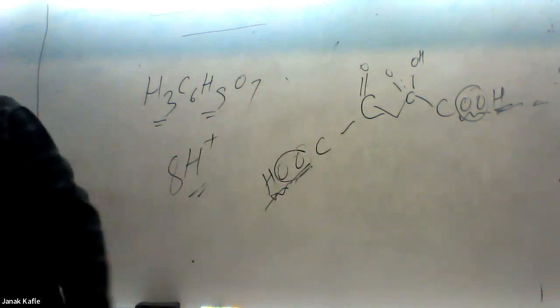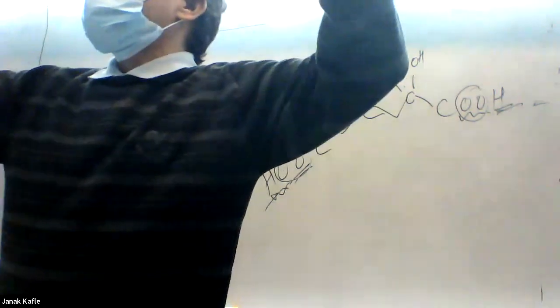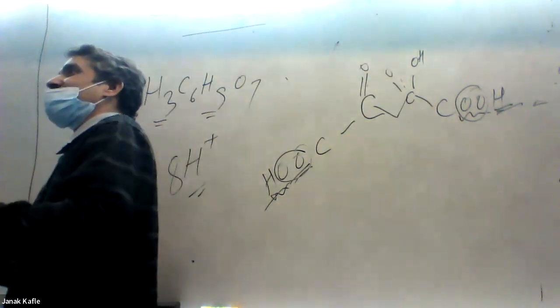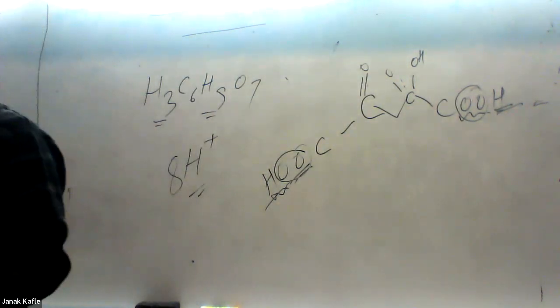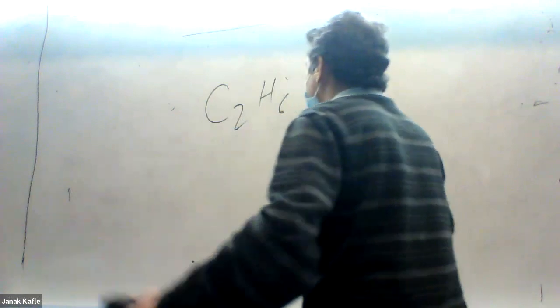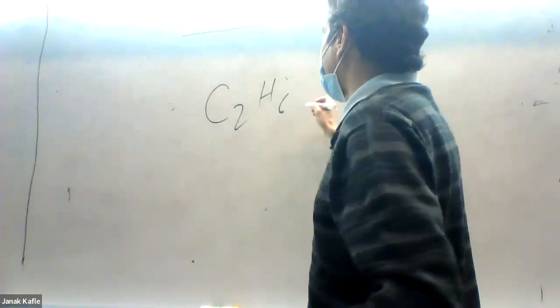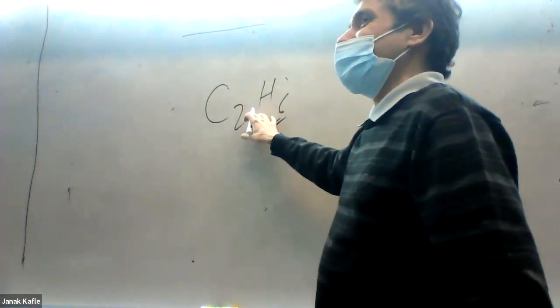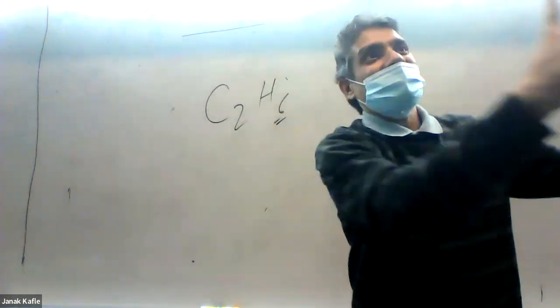Got it? So not all hydrogens in a compound can come out as H+ in water, so we cannot say they are acids. If that were the case, all compounds would be acids, right? If you write a compound like C2H6, you could say, oh, it's an acid because there is hydrogen. But if you put this compound in water, it cannot give H+ to the water.